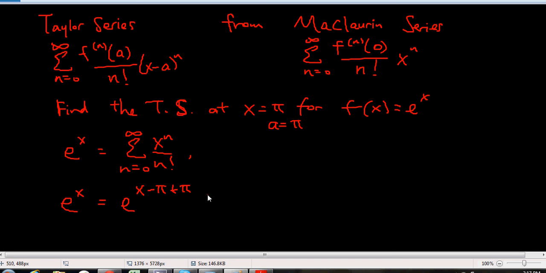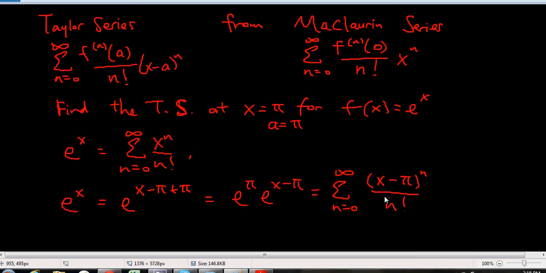So this is equal to e to the pi times e to the x minus pi. And because this Maclaurin series is true, instead of x, I can just plug in x minus pi. And this is equal to the sum of n equals 0 to infinity of x minus pi to the n over n factorial.